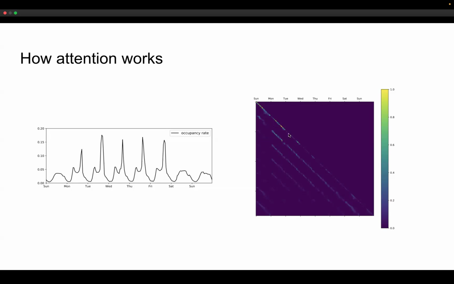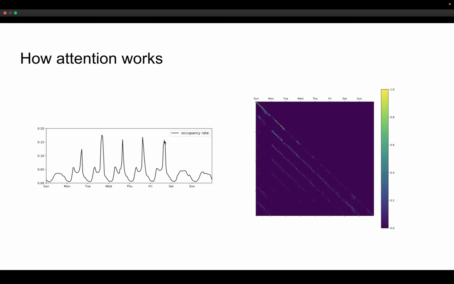And if we look at a straight line here vertically, then 24 time steps below this line, we see another bright area. This probably corresponds to the peak that it's attending to.